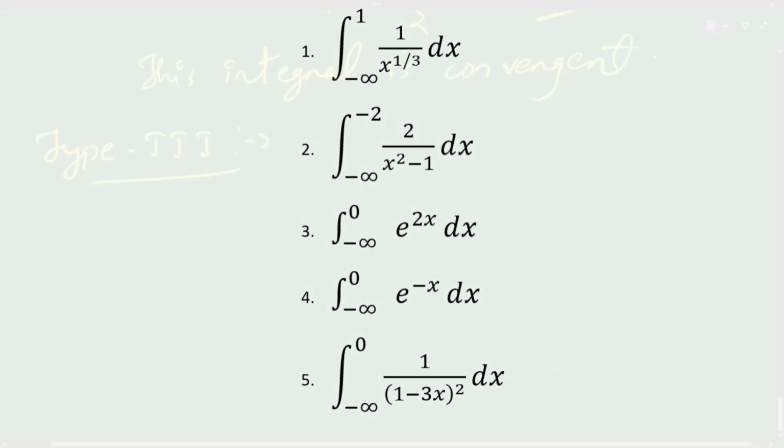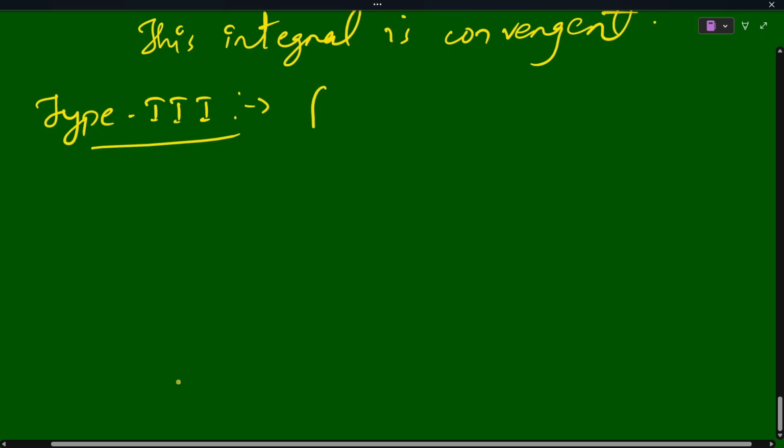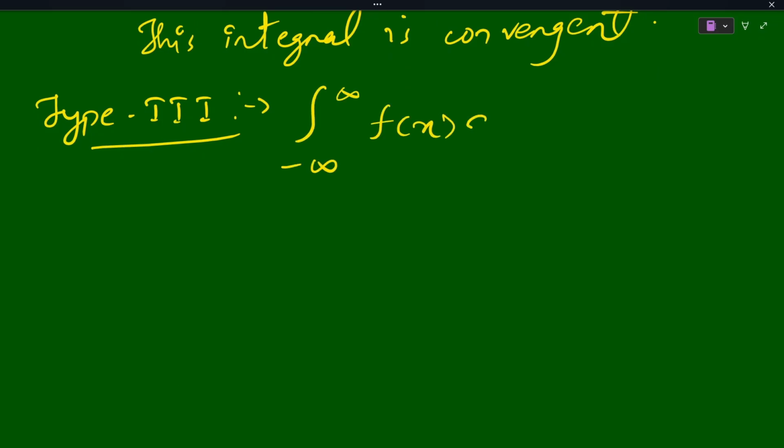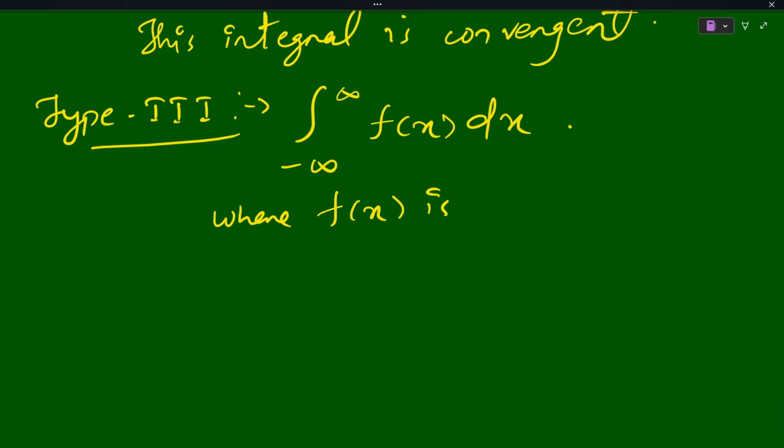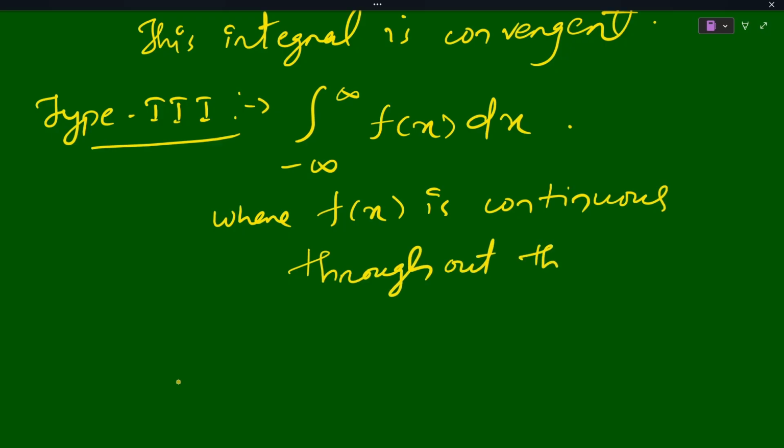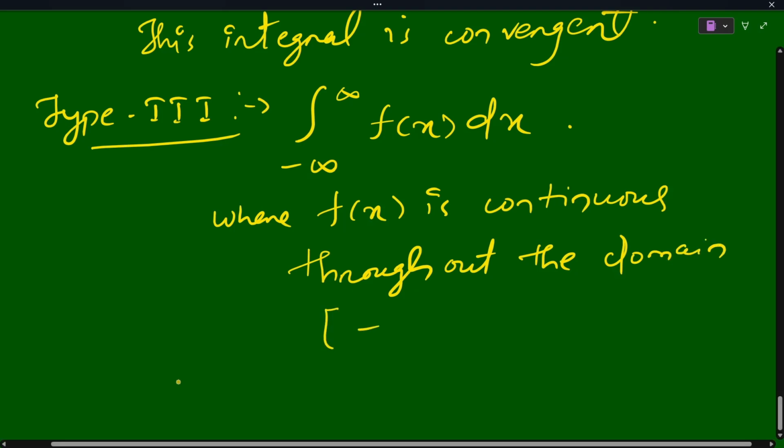So here in this type of integration, the integration is in the form minus infinite to infinite f of x dx, where f of x is continuous throughout the domain. So what does this mean? What is the domain here? Here the domain is minus infinite to infinite.